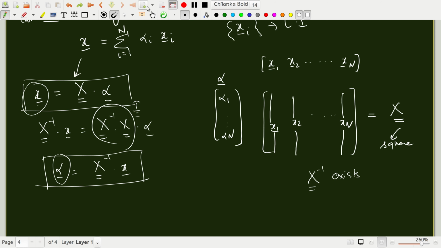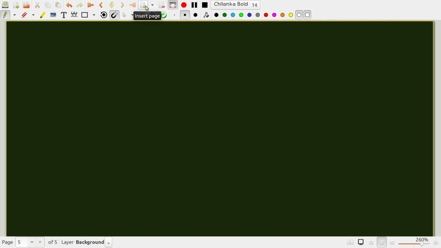Okay, now what if I have a set of linearly independent vectors in an n-dimensional space? This is the technique that we are going to discuss now.